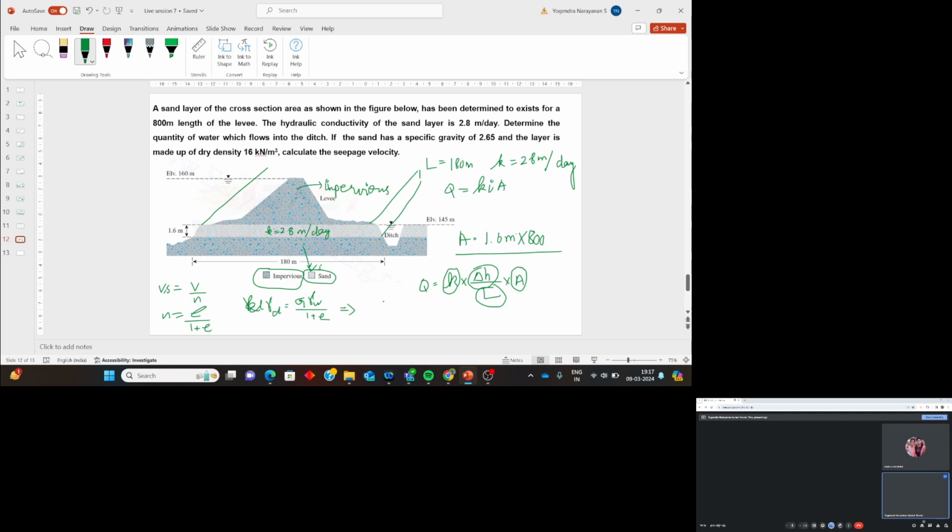Void ratio is equal to 0.62 and porosity is equal to 0.38. Okay. How much are you getting for seepage velocity? Just divide the discharge with the area and you will get the V value and then the porosity. You already know the porosity value.